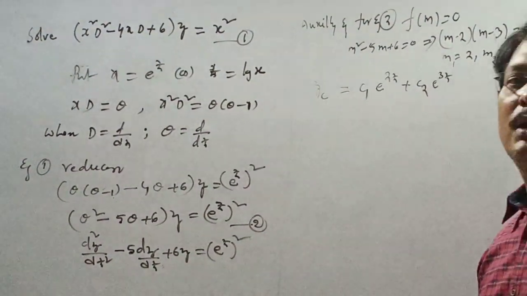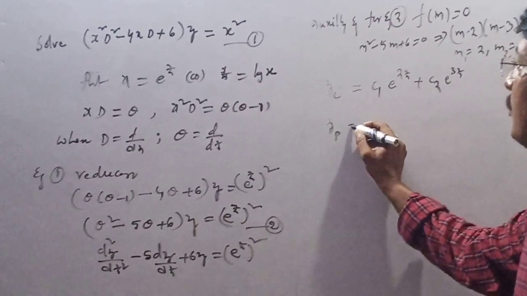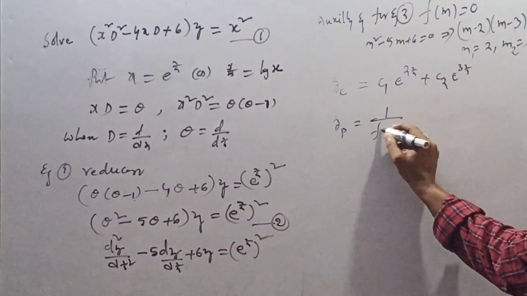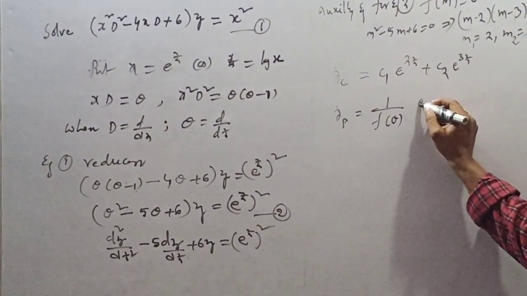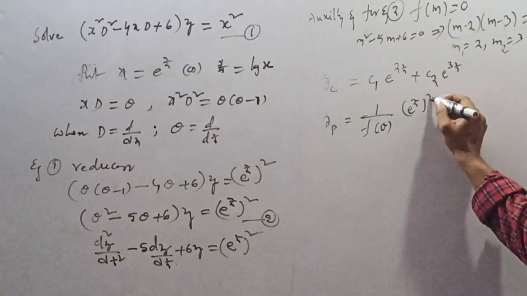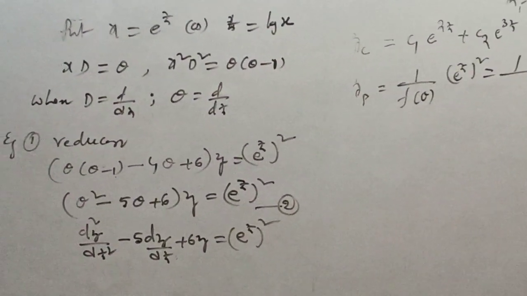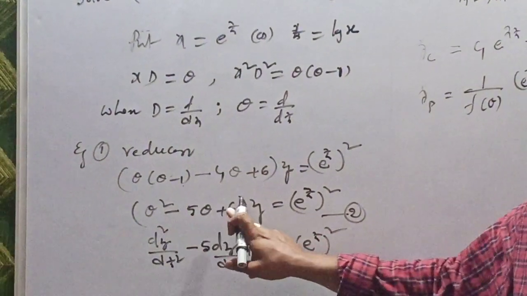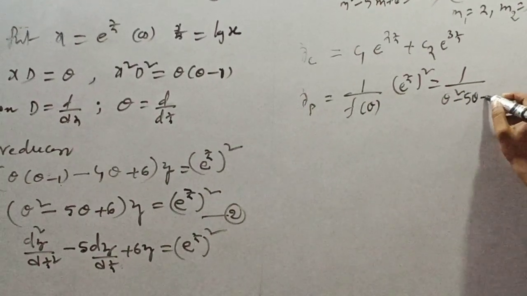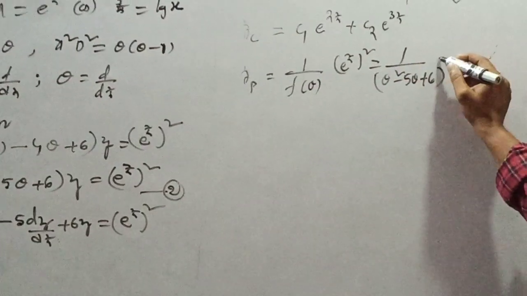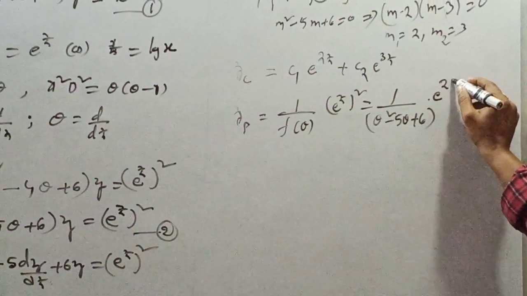Next, the particular integral: yp equals 1 by f of theta into e to the power of z whole square, where f of theta is theta square minus 5 theta plus 6, into e to the power of z whole square, which means e to the power of 2z.